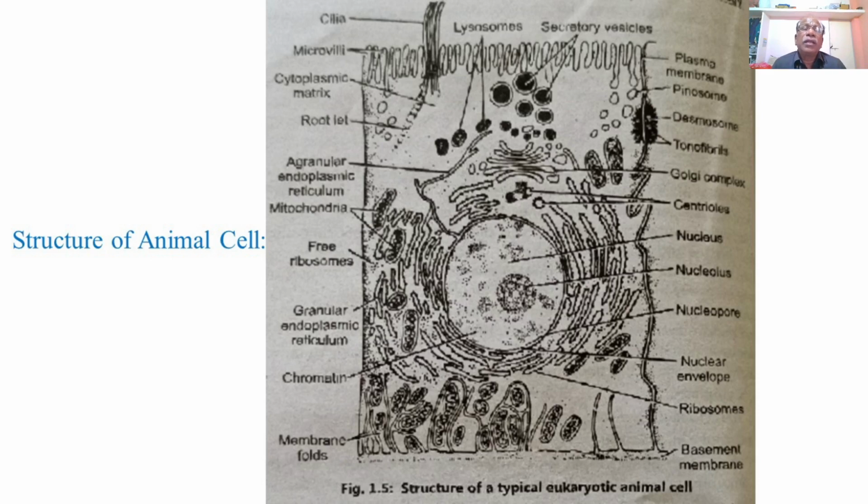Then the animal cell also contains microvilli, cilia or flagella-like structures which emerge out of the plasma membrane.